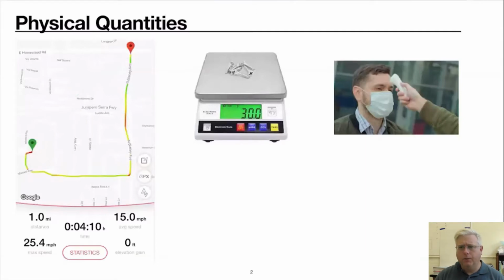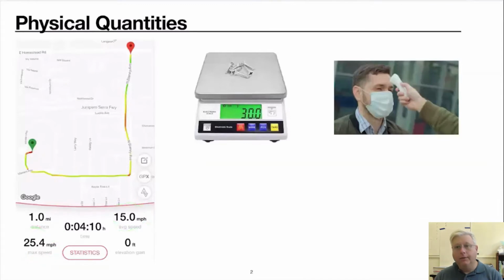Other important physical quantities we'll learn about: you probably have used a scale to measure the mass of something before. There's also time. It took about 4 minutes and 10 seconds for this person to go 1 mile, so that's pretty good. That gives us an average speed here, and a maximum speed.